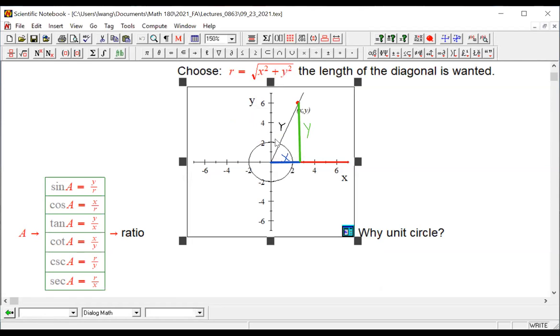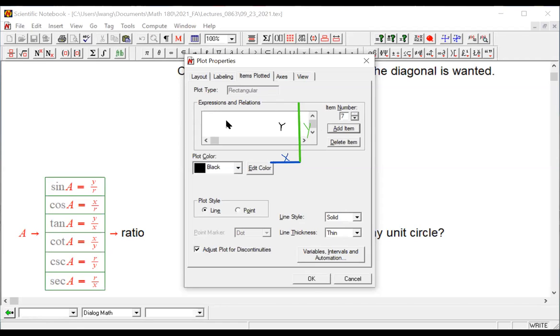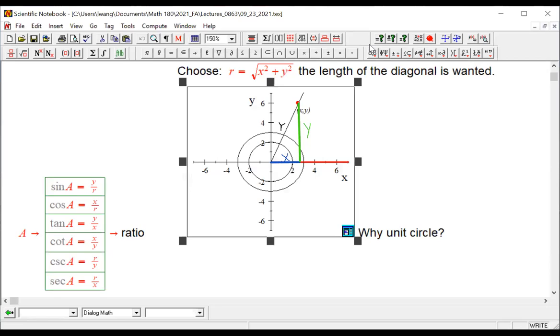If I draw a circle with radius 2, and the x, y is on this point, versus I draw another circle with radius 9, and get another circle. If I choose a point at all these different places, if I choose a point here, x, y, choose a point here, do I get the same ratio?